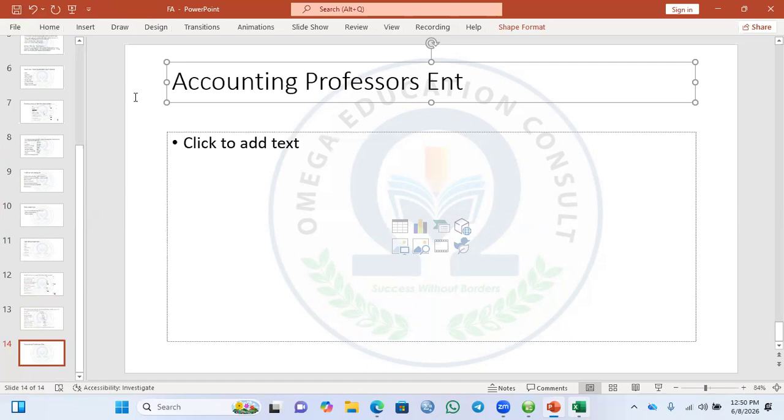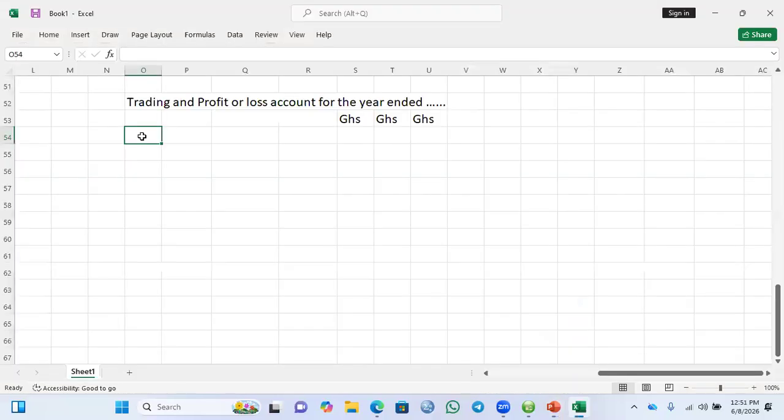You put it there. Then this time you are going to have the 3 columns for your amount. Then you start with your sales, less returns, and so on. So after going through all that, you arrive at your gross profit. Okay, let me move down. So let me assume that I've done all my sales, less returns, and so on. I've gotten my gross profit.